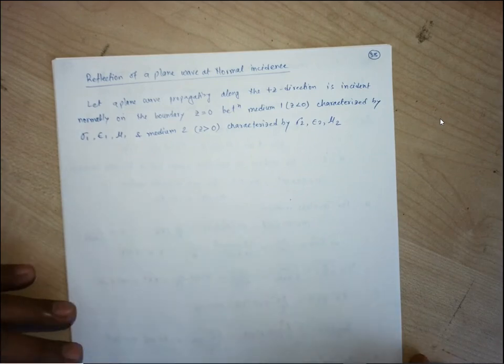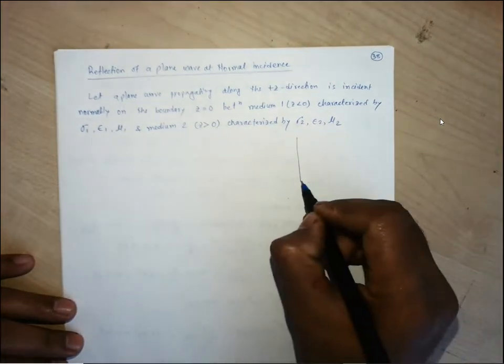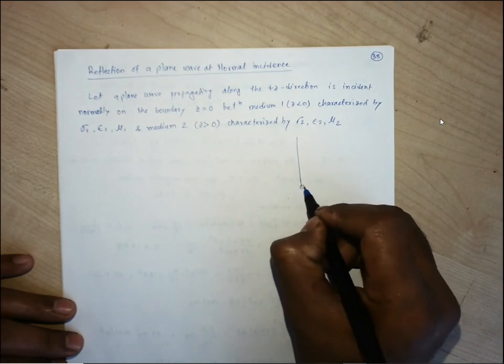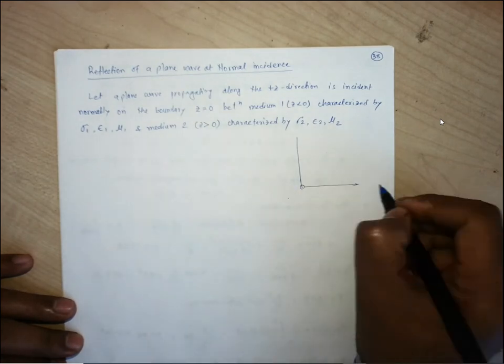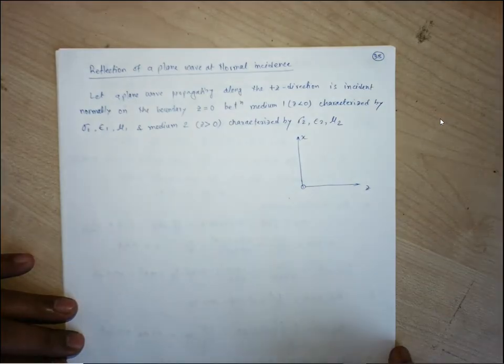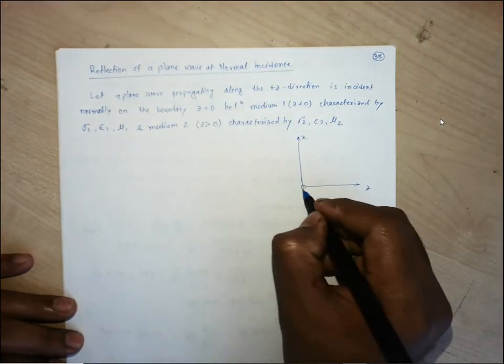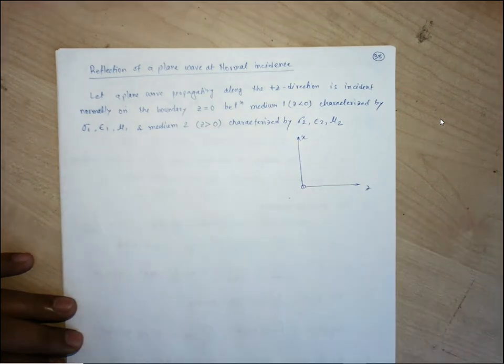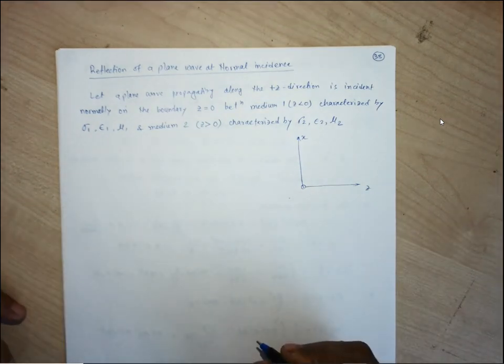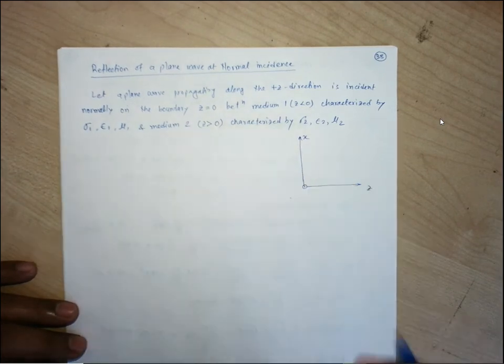Okay, so if we draw this, it is z, and let us consider this is x. If a dot is there, is it inside the page or out of the page? I hope if it is a dot, then it is outside.